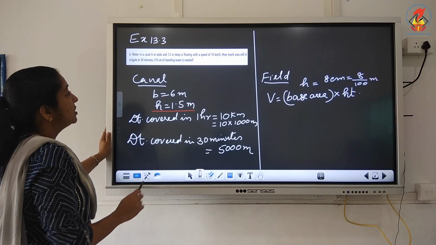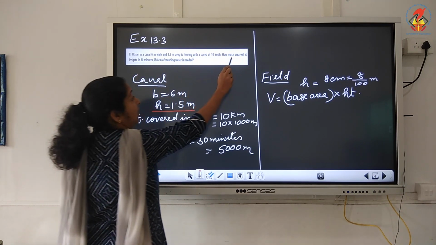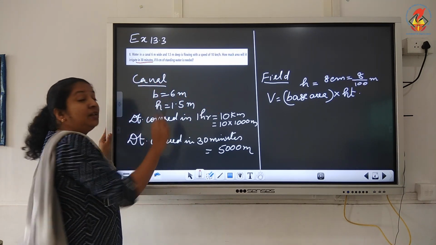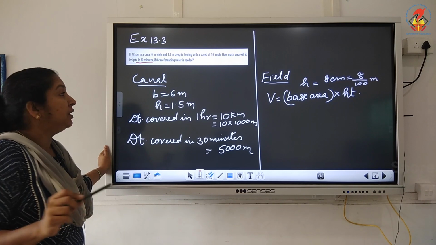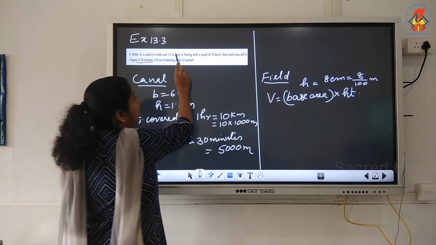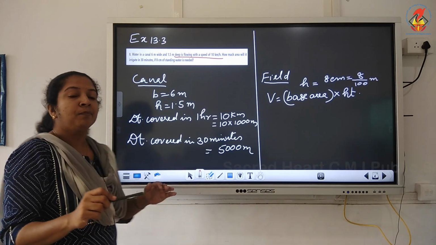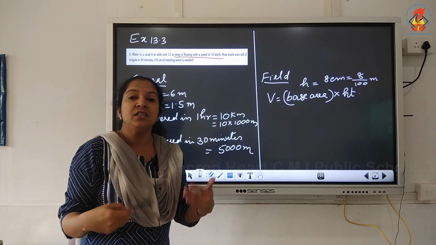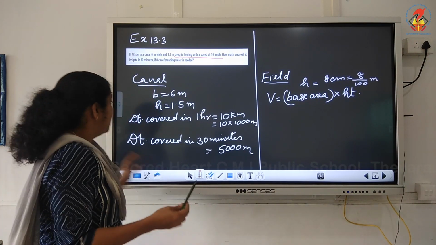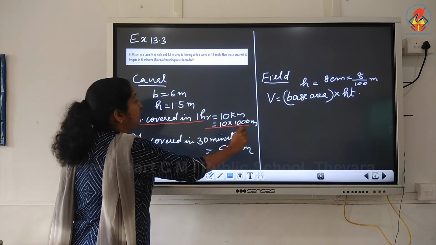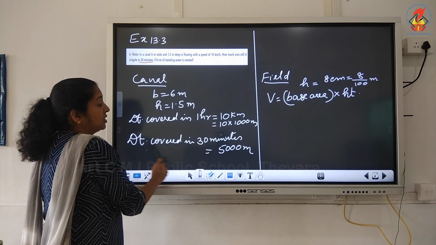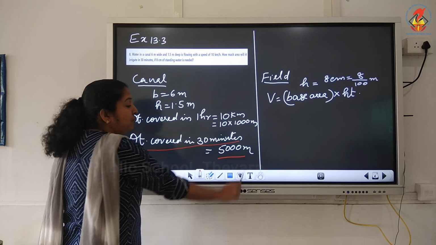What we need is how much area will be irrigated in 30 minutes. What is given is the speed of the water, 10 km per hour. That means in 1 hour, 10 km. So, distance covered in 1 hour is 10 km. What we need is 30 minutes. Distance covered in 30 minutes is 5,000 meter.